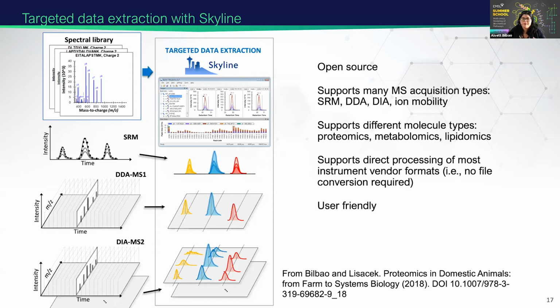It supports processing of all these kinds of data. It supports different molecule types. It can be used for proteomics, metabolomics, lipidomics, and it supports direct processing of the data coming out of the instrument. It doesn't require a file conversion step, and it's user-friendly.